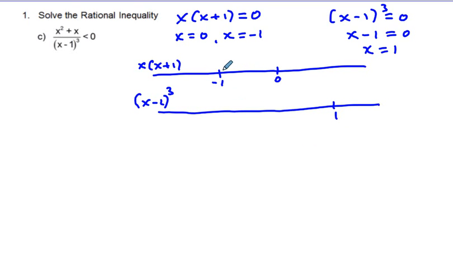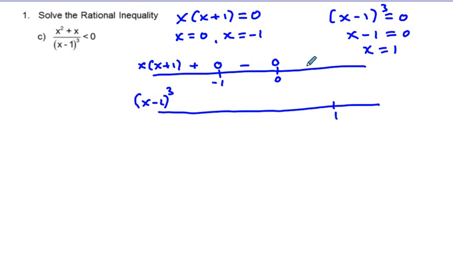So let's look at the numerator first. The value is 0 at each of these critical numbers in the numerator. Let's first consider a number less than -1. We would have a negative times a negative. Between -1 and 0, we would have a negative times a positive, which would be negative.